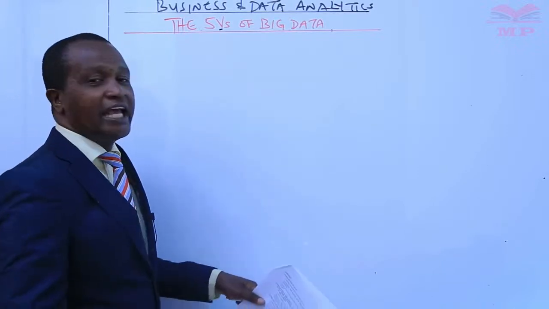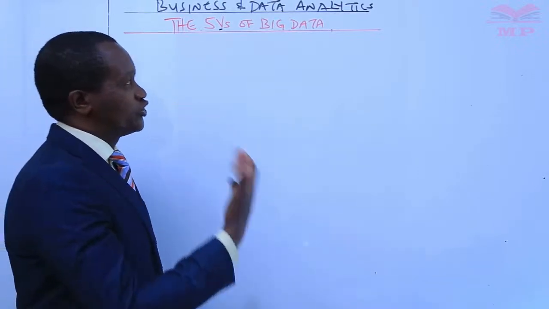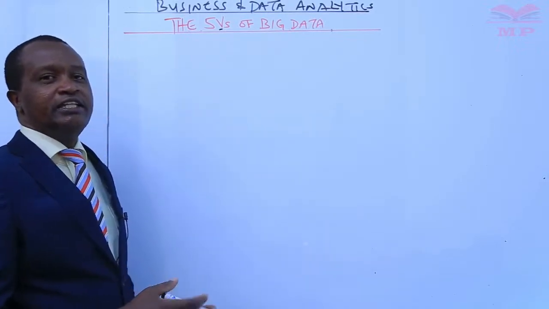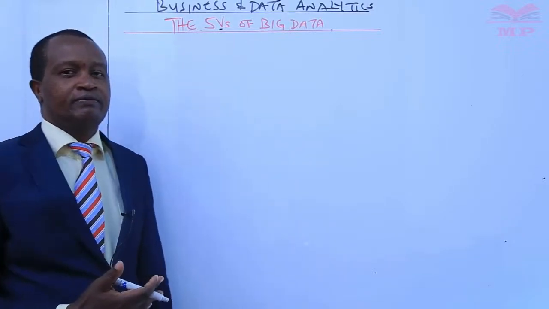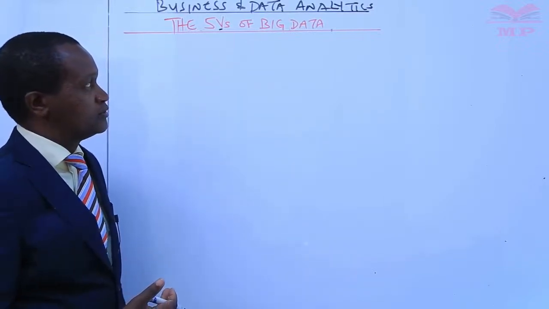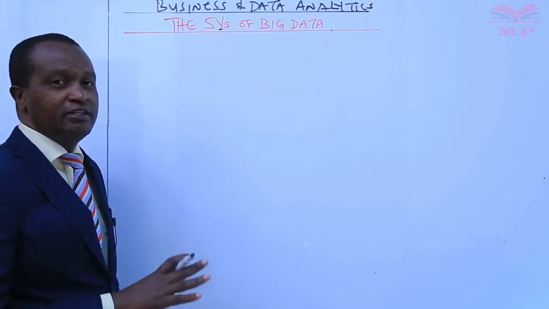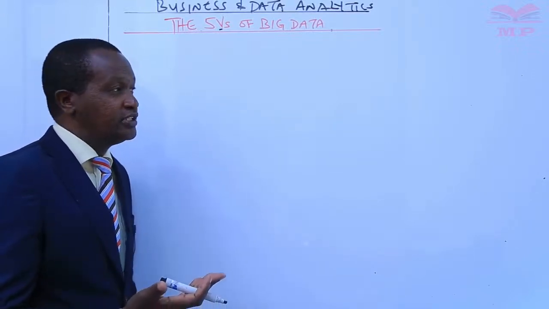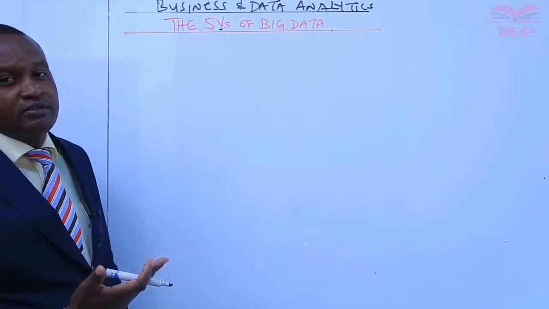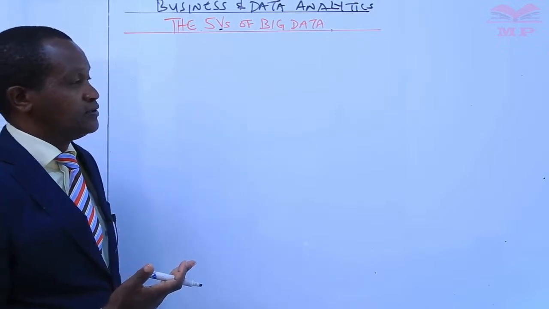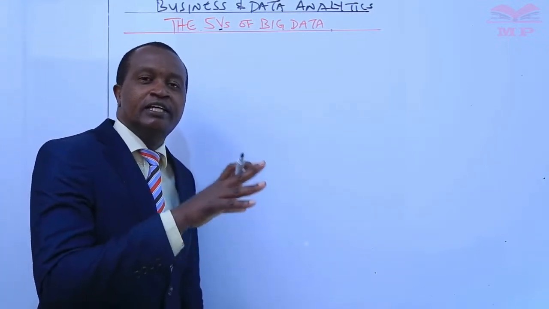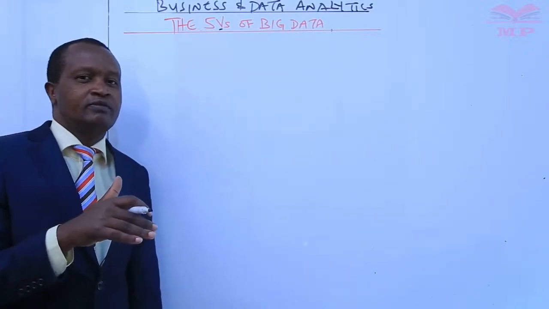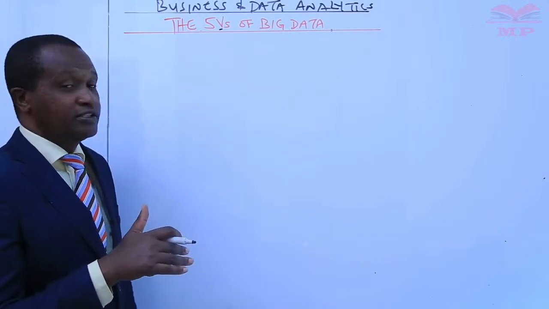So big data is a combination of the unstructured data, the semi-structured data, and the structured data. Do you understand?